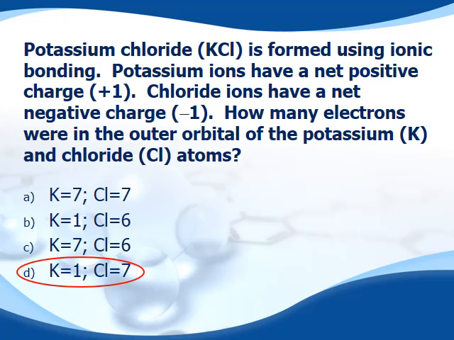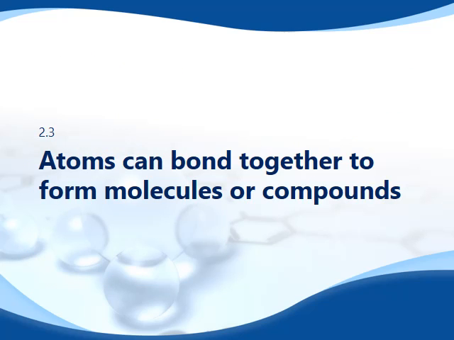Potassium chloride is formed using ionic bonding. Potassium ions have a net positive charge, and chloride ions have a net negative charge. How many electrons were in the outer orbital of the potassium and chloride atoms? Is it A, 7 and 7, B, 1 and 6, C, 7 and 6, or D, 1 and 7?